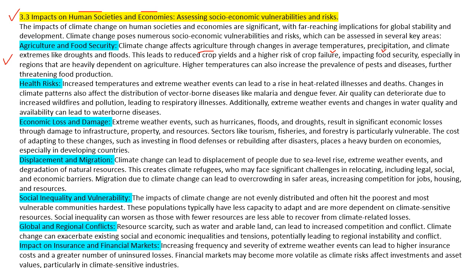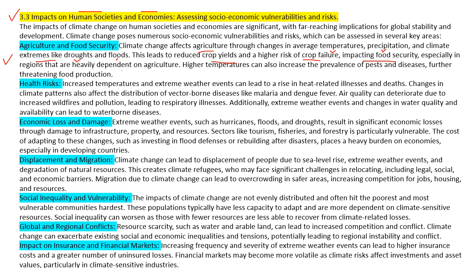There will be some extreme climatic conditions or extreme climatic disasters like droughts and floods. And these droughts and floods will reduce the crop yield. It may lead to crop failure, and it will impact food security.